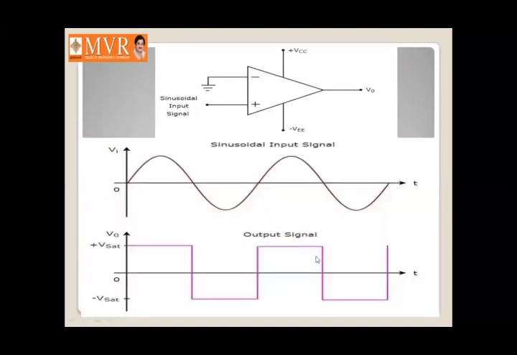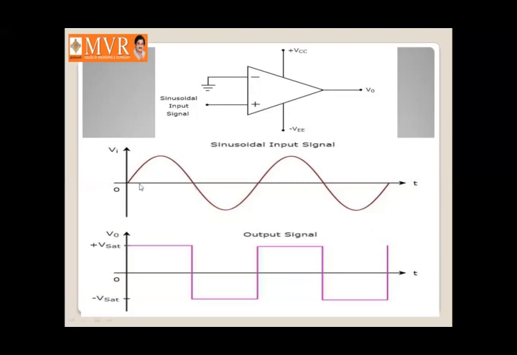If you observe an example, here the inverting terminal is grounded, and we are giving the sinusoidal input to the non-inverting terminal of the operational amplifier. Here you can observe the input sinusoidal wave, and in this circuit also we have taken the reference voltage as 0 volts. So whenever the input sinusoidal signal crosses 0 volts, the op amp output is going to change its state.